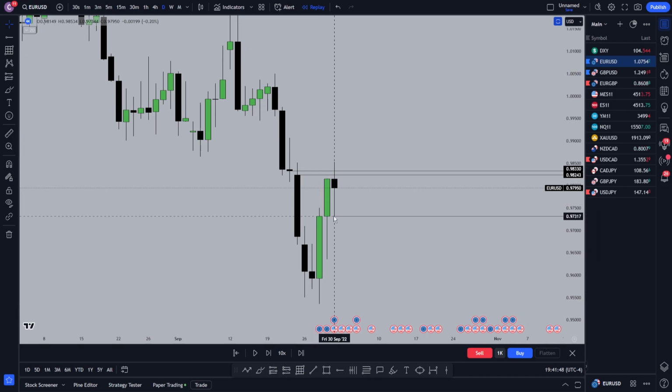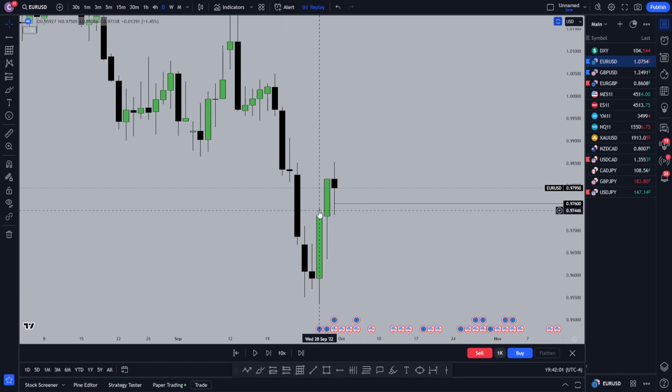Okay, so looking at the next daily candle, so here I'm looking at the 50% of this, since we did reach this area here. Okay, and then aiming for, I'll still aim for the volume imbalance.